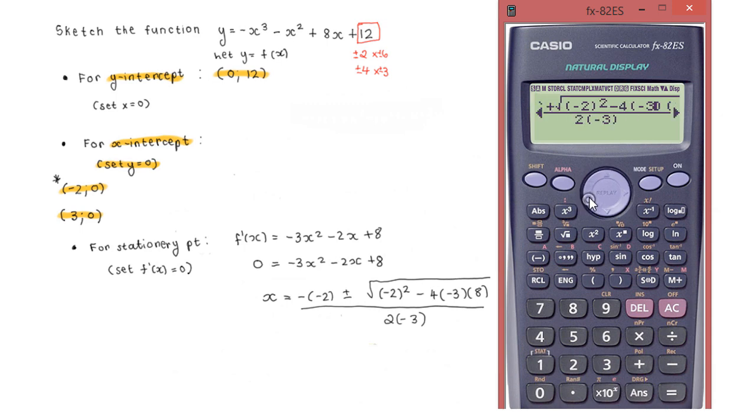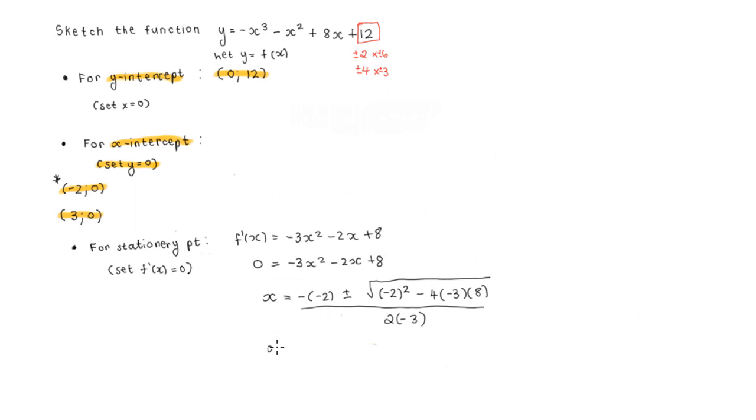And when we go for the other sign of negative, we get 4 over 3. So 4 over 3 is 1.3 recurring. So we now know that our x values at our stationary points, the first one is at x is equal to -2 and at x is equal to 4 over 3.